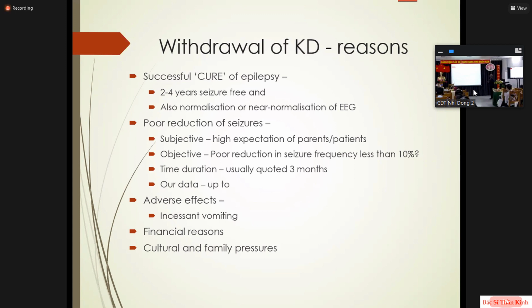The adverse effects could be one of the withdrawal reasons, and that is incessant vomiting. The last two are the financial reasons. The ketogenic diet is more expensive than a normal diet because of the fat involved, and of course, if you're using the commercial preparation, then it's much more expensive.